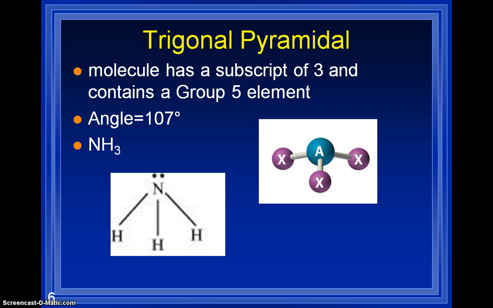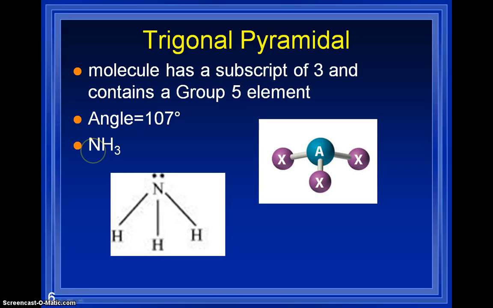Now next we have trigonal pyramidal. This is a little bit different from trigonal planar. Trigonal pyramidal is more like a 3-dimensional pyramid. You have a pyramid base, and then up here at the top you have the central atom. You can identify trigonal pyramidals from their formula because they have a subscript of 3 and a group 5 element as their central atom.